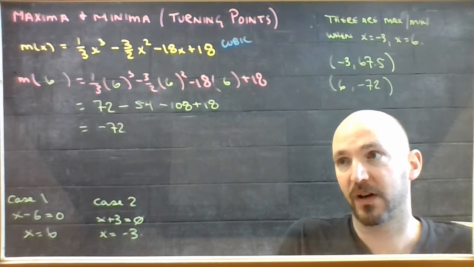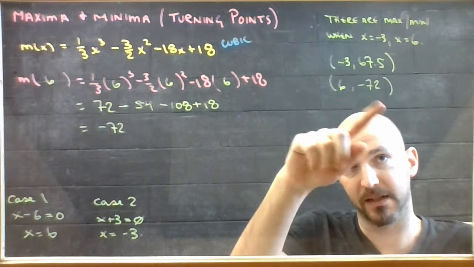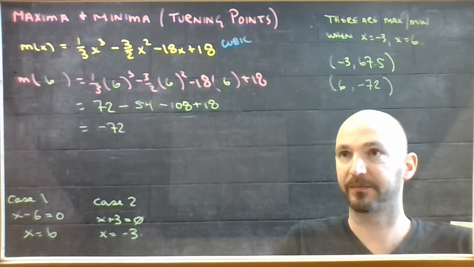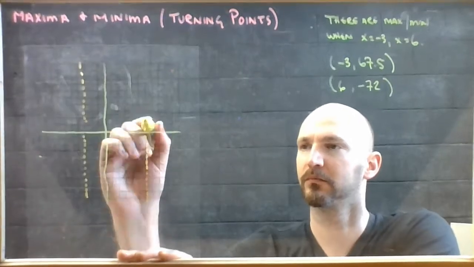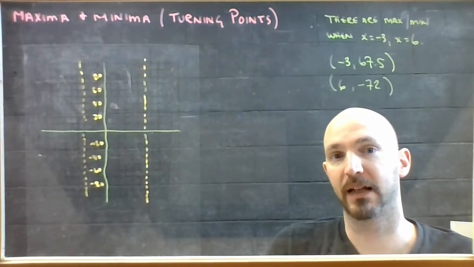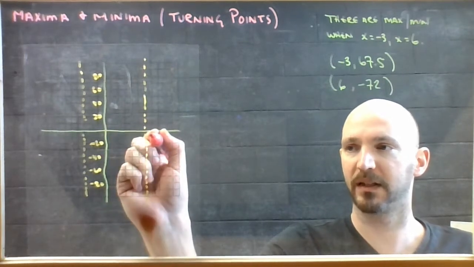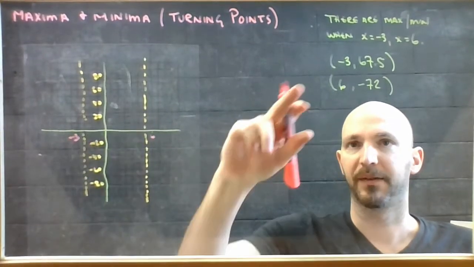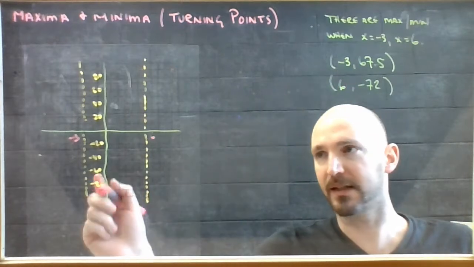Okay. So I'm going to try and sketch this. I'm going to have to use a funny scale on my y because these numbers are so big. I'm going to clean this off and then we'll give that a try. Alright, so now that I have the axis on there, I just went 1 for 1, so that would be 6 on the x, and there's negative 3. So I apparently have a dot at negative 3 and 67.5.